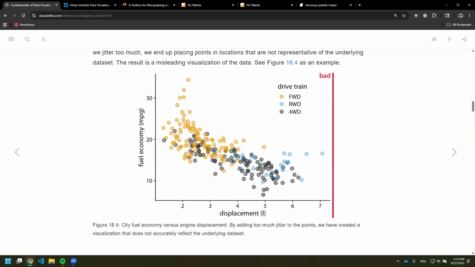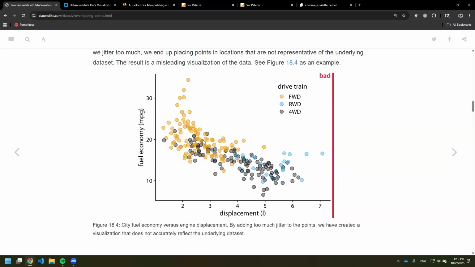We have to exercise some care, particularly with the jitter, because, as I mentioned earlier, by introducing some random noise in the placement of the data points relative to the source data set, we may end up creating a plot that doesn't really represent the data itself, where we're introducing, just by random chance, some patterns that don't actually exist in the data. So we have to exercise care. I think probably the takeaway here is jitter, but jitter relatively little. If we do it too much, we could end up causing more problems than we solve.